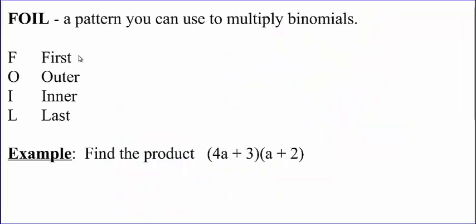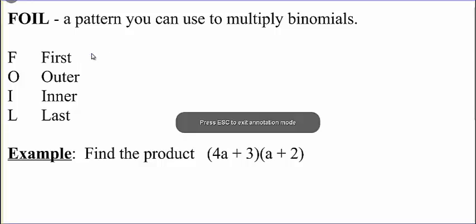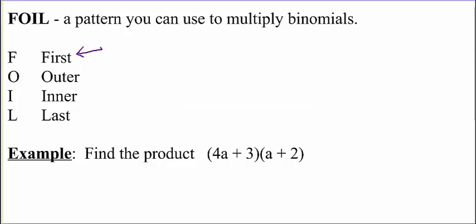And the next method is using FOIL. FOIL is a pattern that you can use to multiply binomials. So the way it works is the first refers to the numbers that come first in each binomial set. So that would be the 4a and the a. The outer refers to the numbers on the outside edges of the two binomials, which would be the 4a and the 2.